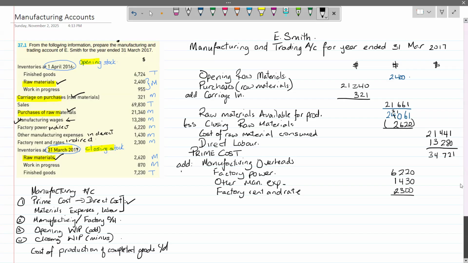If somebody is looking at this sheet and wants to know how much the manufacturing overhead was, they have a total figure. So 6 and 9, and 6 and 1 is 7 and 2, 9. That's our total manufacturing overheads.